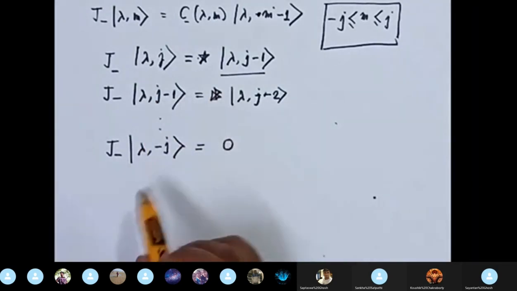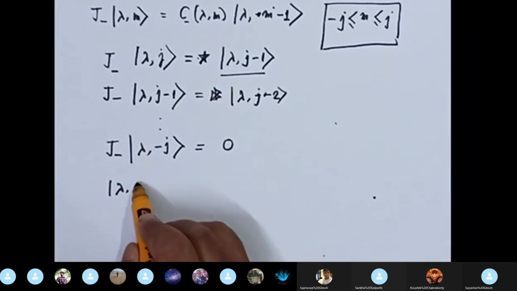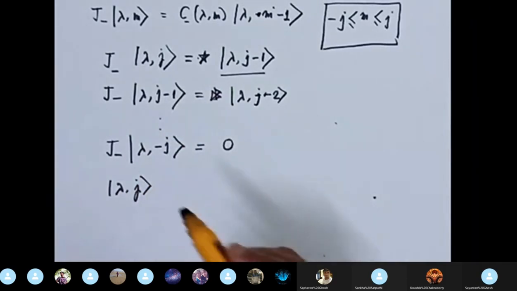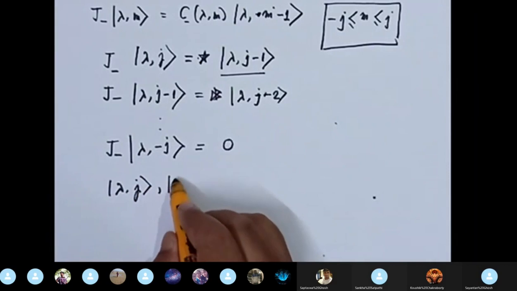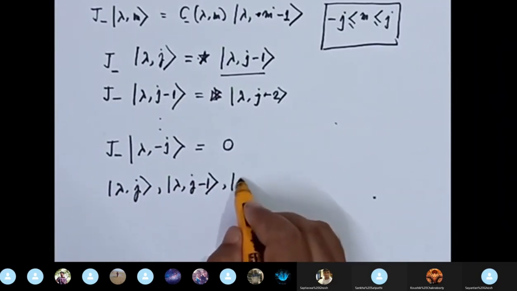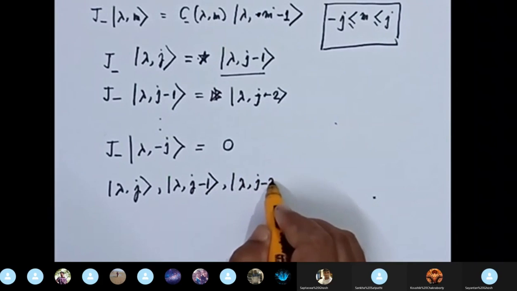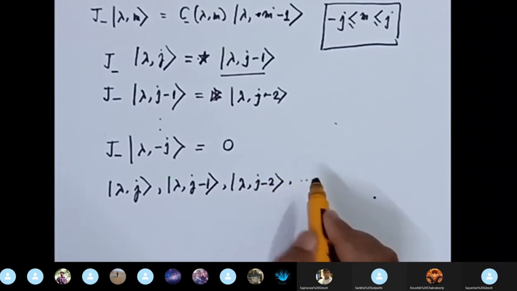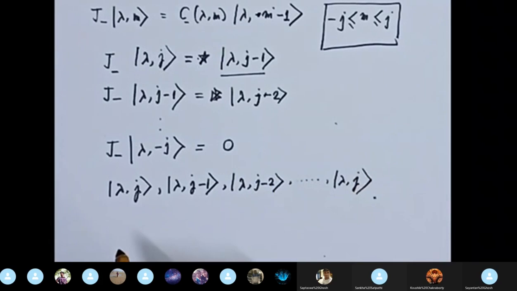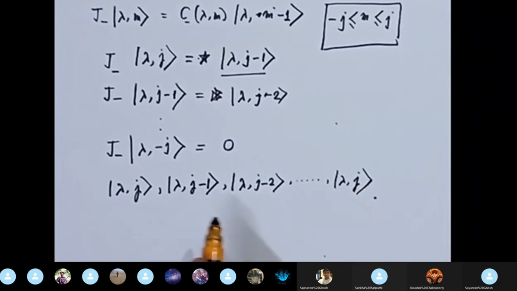Now give your concentration, because these things you already know from quantum mechanics. Now come all these states for a given lambda.